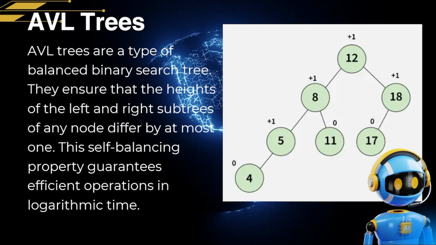Kaning AVL tree prevents this by ensuring the tree stays roughly balanced. For every node, the height difference between its left and right subtrees can be at most 1. So meaning na dyan usa kani. So kaning usa daw nga difference is called the balance factor.